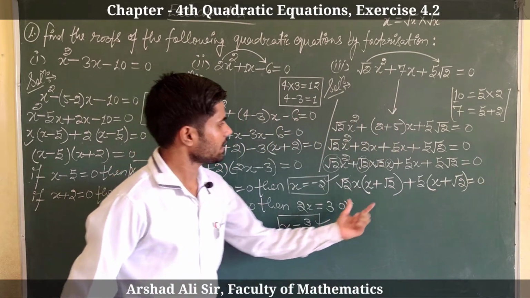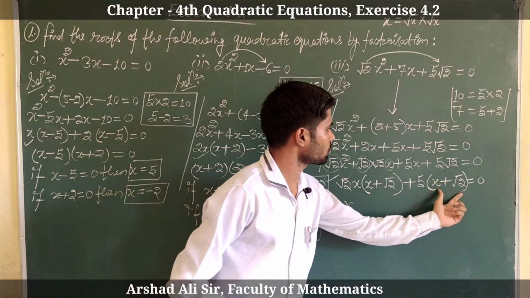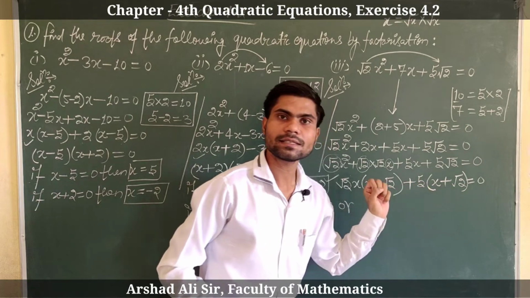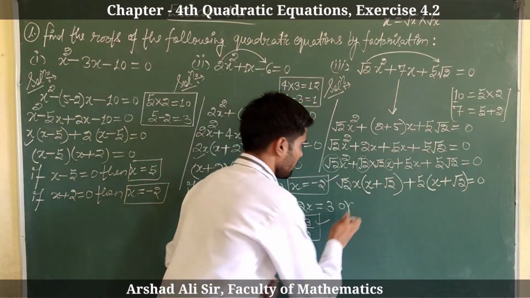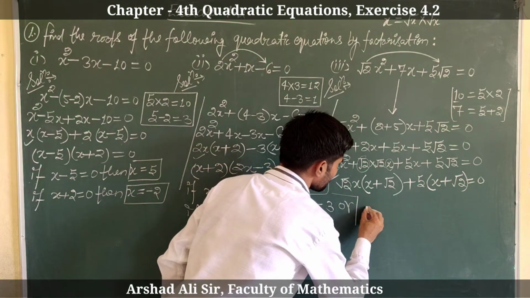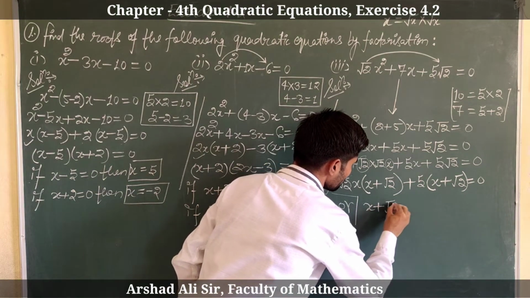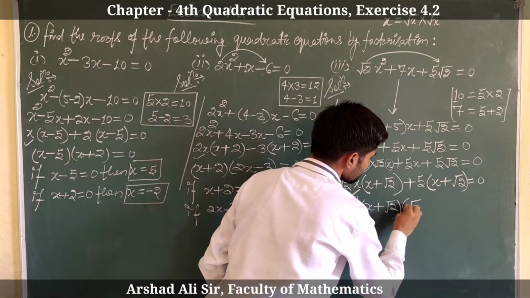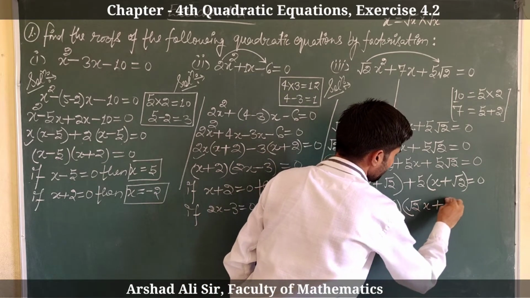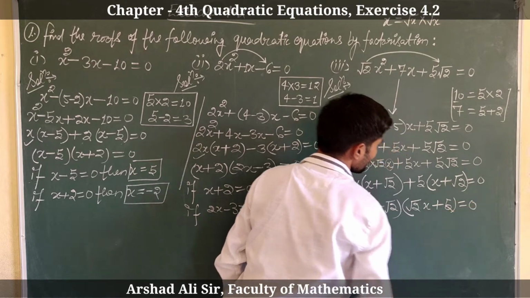Now x plus root 2, x plus root 2 in both the places, means we can say that x plus root 2 is common. Then we can write only one place, x plus root 2, but here we can write root 2x plus 5 is equal to 0.